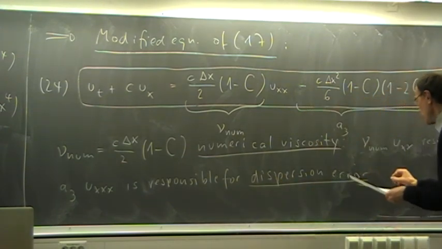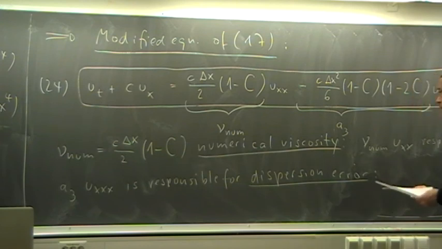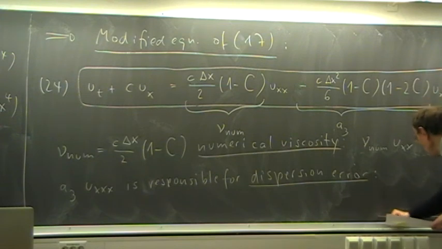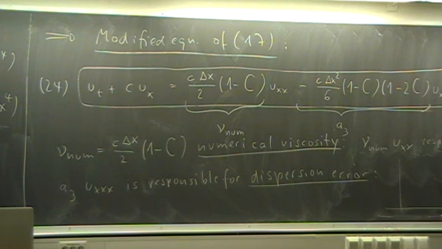And the dispersion error means that the velocity of the wave is propagating not correctly. So we can see that the following way. If we have the same problem as over there, so we have x and we have u, and then we say we should have something like that. That would be the exact solution.